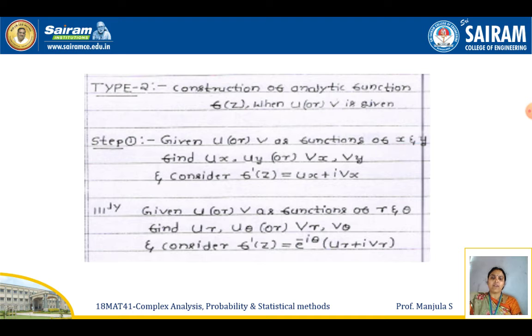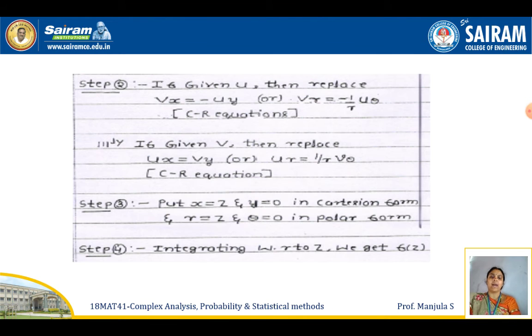If u or v is given as a function of r and theta, just find u r or u theta, or v r or v theta. Then consider the formula f dash of z equals e to the power minus i theta into u r plus i into v r.